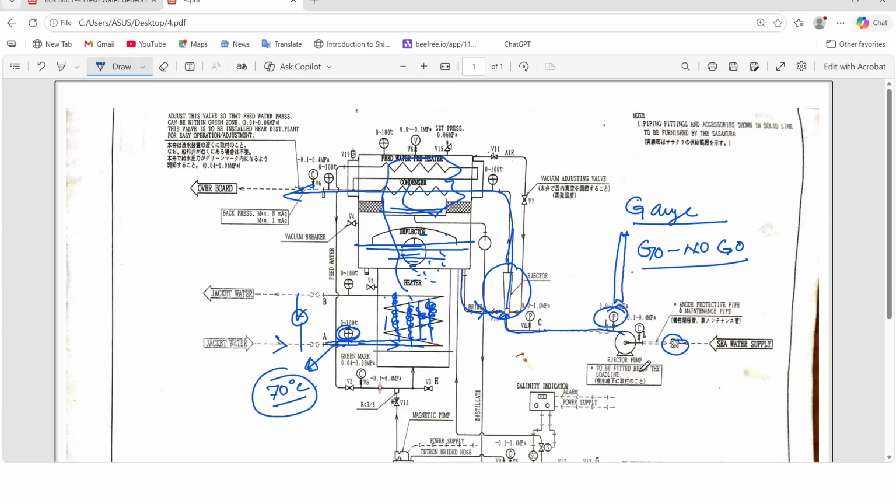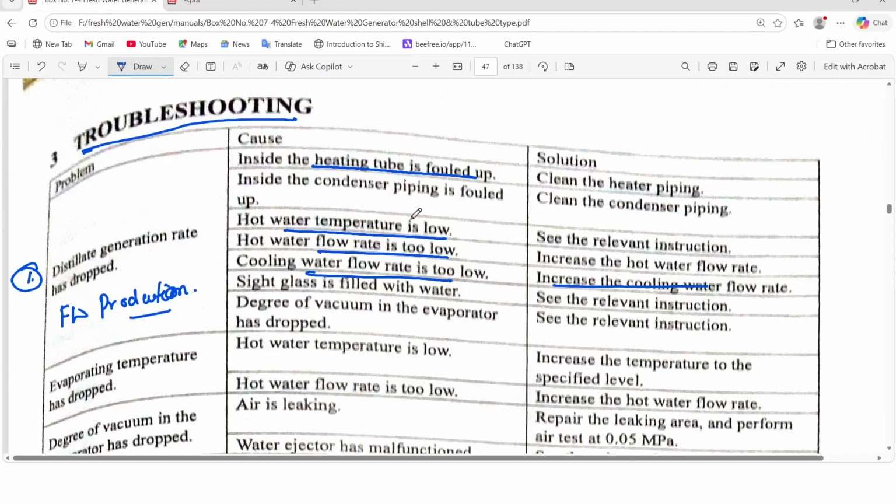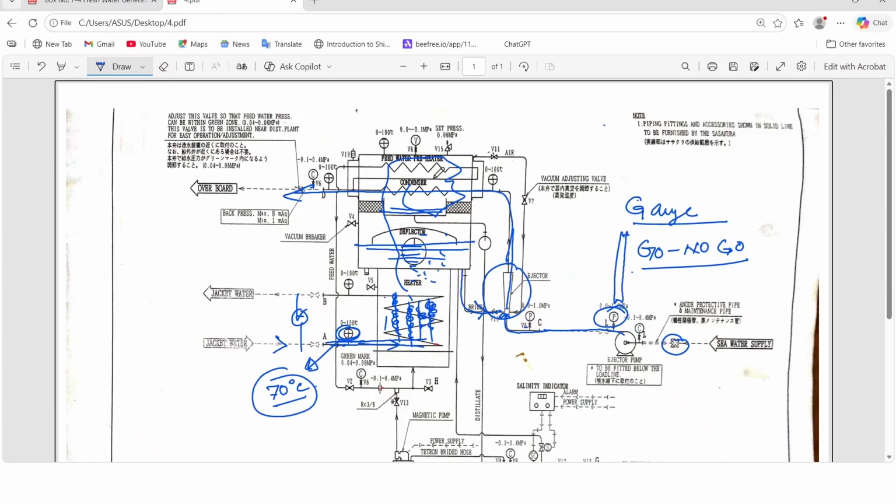Next is degree of vacuum has dropped. If vacuum is dropping, there can be reasons like not effective brine induction, too much steam generation, shell temperature will also rise. All of them say only one thing: because these plants work only with vacuum, if the vacuum has dropped for any reason, production has definitely to drop.